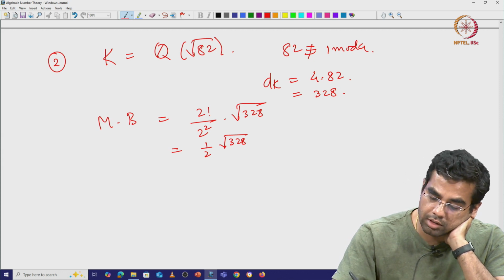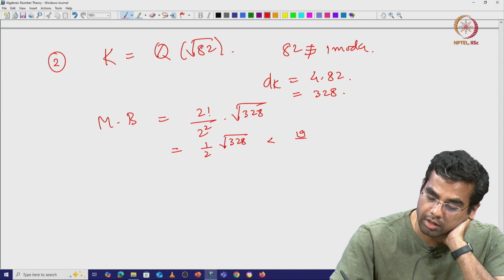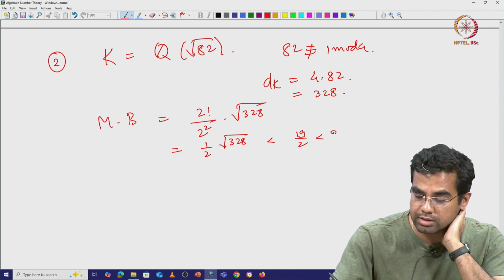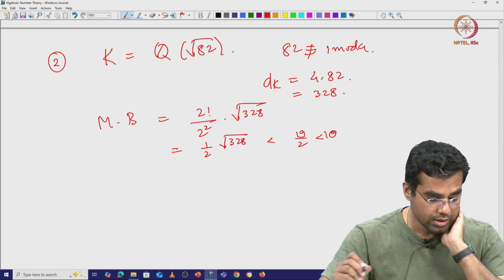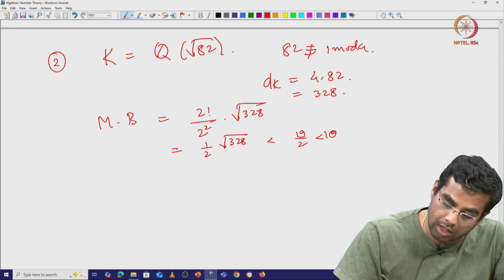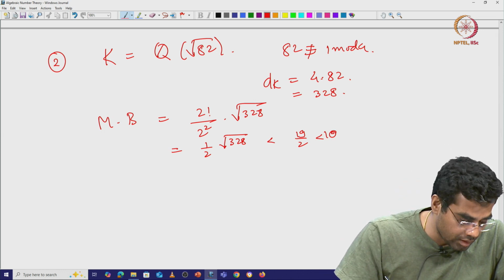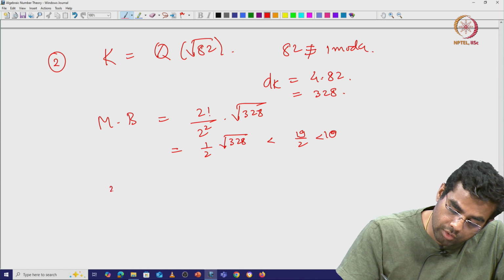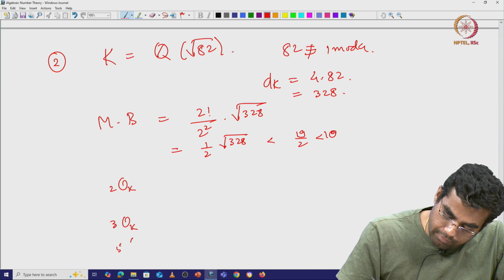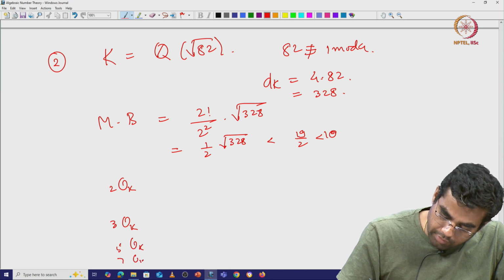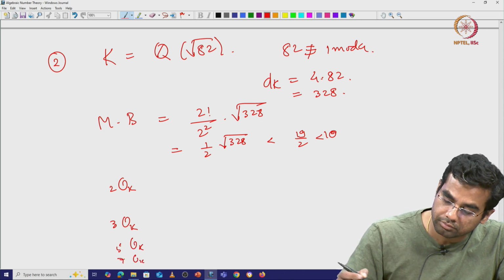So, this is less than 19 by 2, which is certainly less than 10. So, we want to find out how 2 OK, 3 OK, 5 OK and 7 OK factorize.